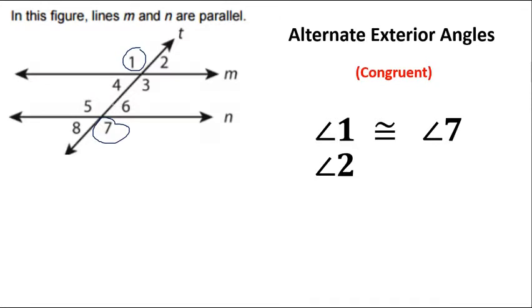And angle 2 is congruent to angle 8. So those are your 2 pairs of alternate exterior angles. And again, remember, all these types of angles only work out if the 2 lines are parallel.